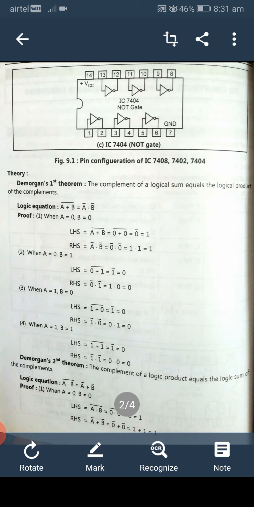Similarly, right hand side, complement 1 plus complement 1, that is equal to complement 1 is equal to 0 plus 0, and that is equal to 0, means left hand side is equal to right hand side. We prove De Morgan's second theorem.